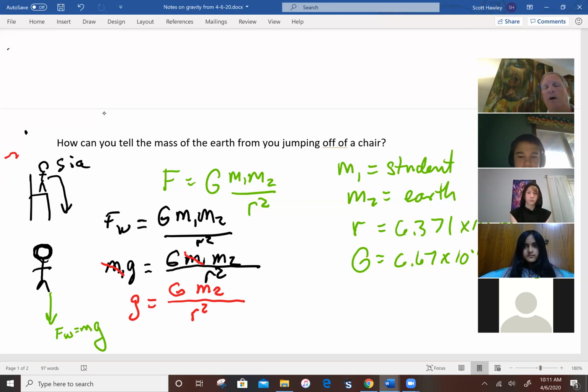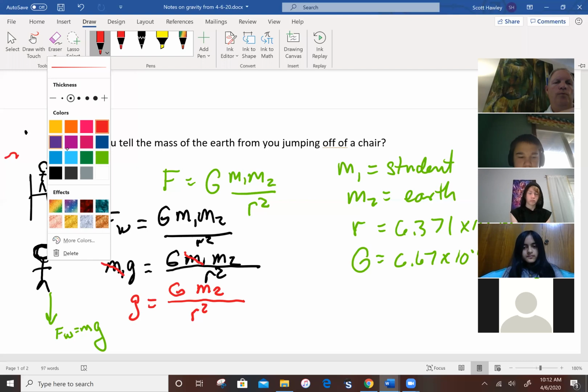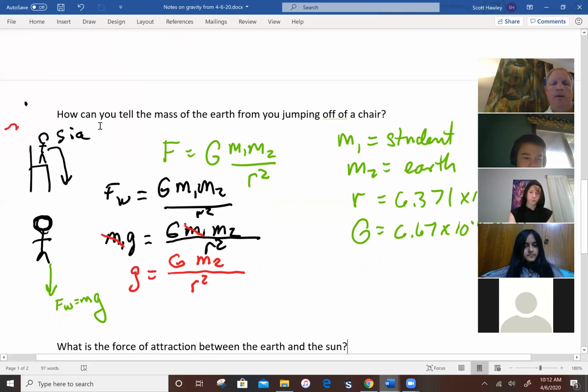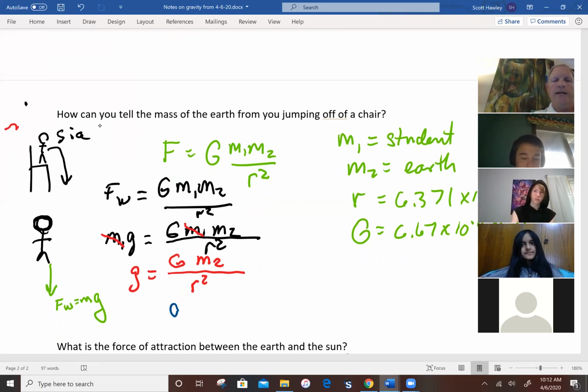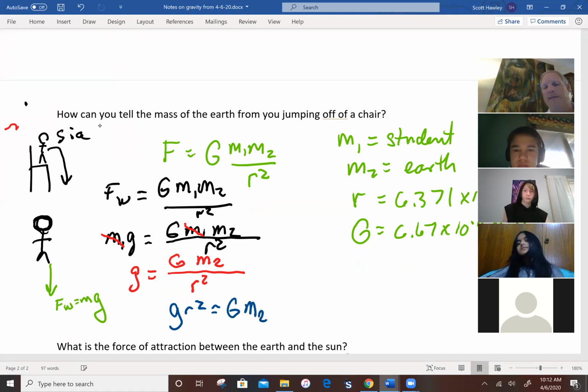So how would I get the R squared to the other side? Would I divide or multiply, everybody? Multiply. Yeah, so I got g R squared equals big G times the mass 2, which is the mass of the Earth.